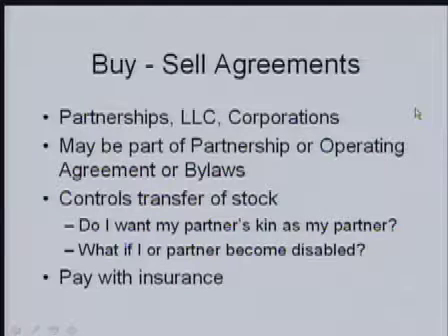And of course, you go off and get the company valued by an accountant. And you come up with a number, and the company pays that money to my estate or to my next of kin and gets the stock back so that they can control who it goes to. And you pay for this with insurance.